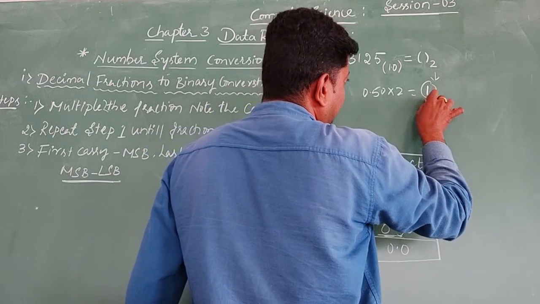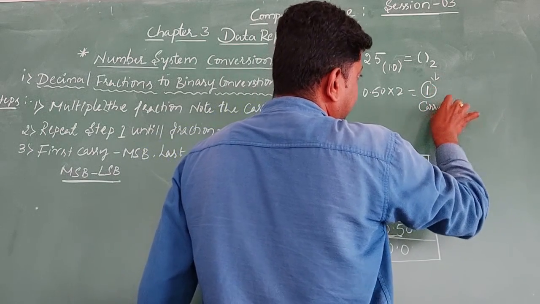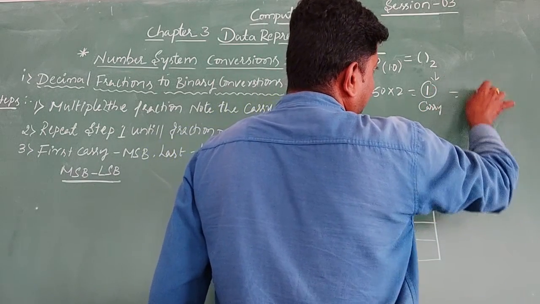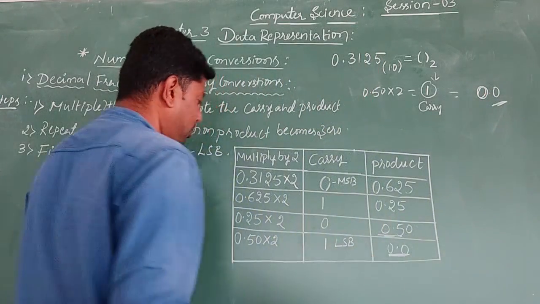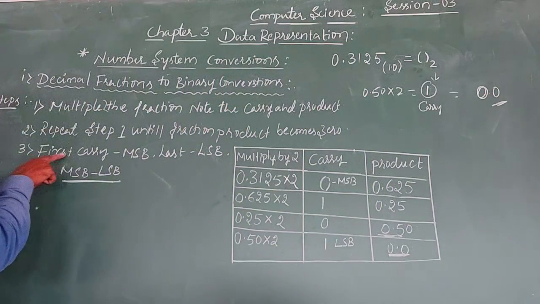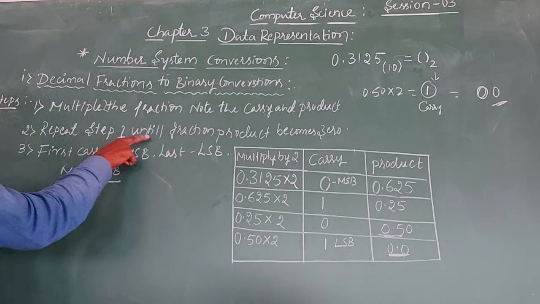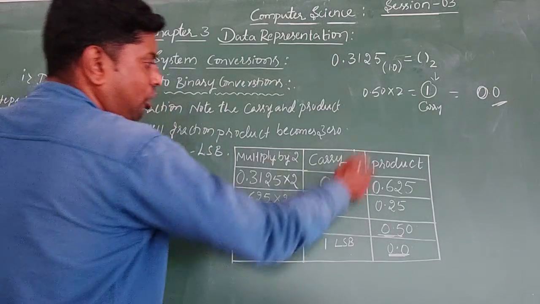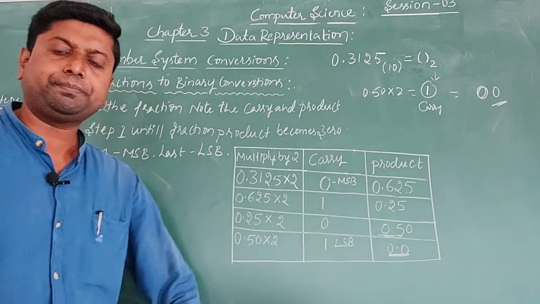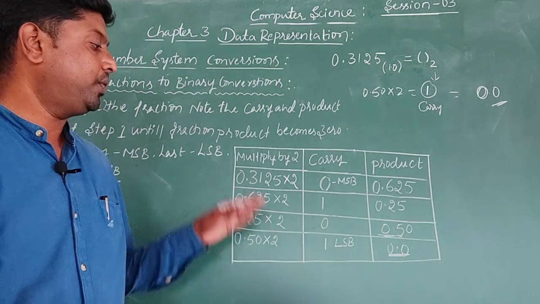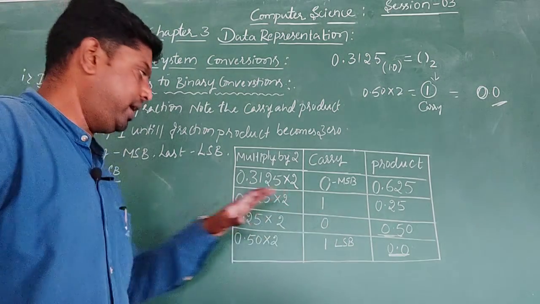If the carry is 1, then the product becomes 0. Hence the product is 0. Read step number 3: repeat step 1 until the fraction product becomes 0; up to that point you have to multiply. So here we have to stop and read the last step.